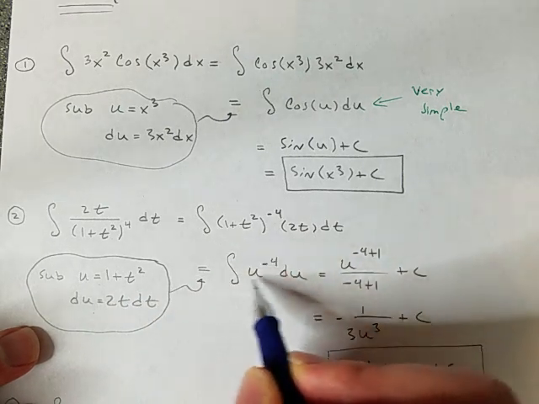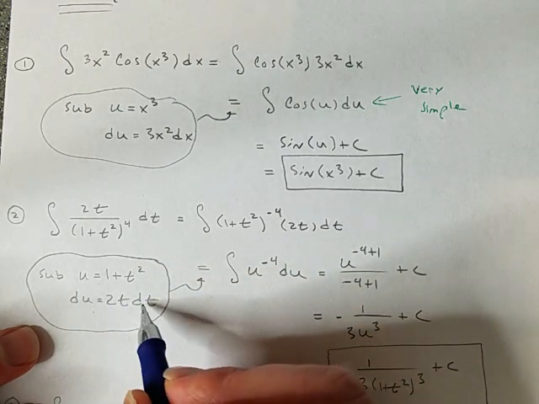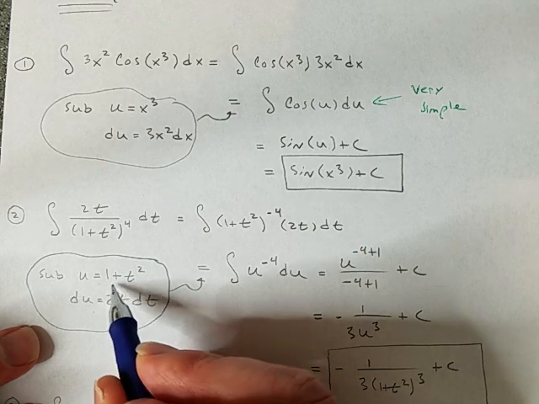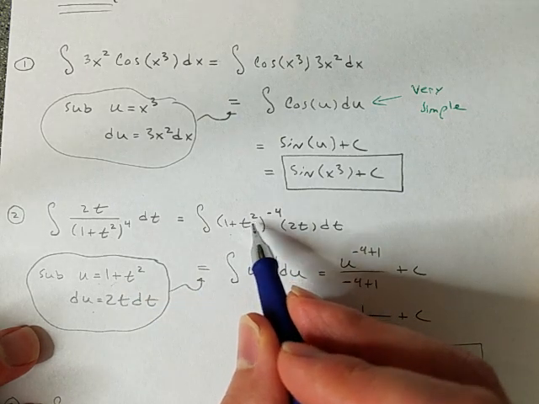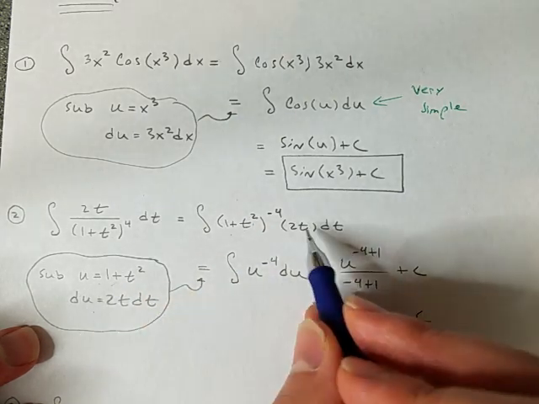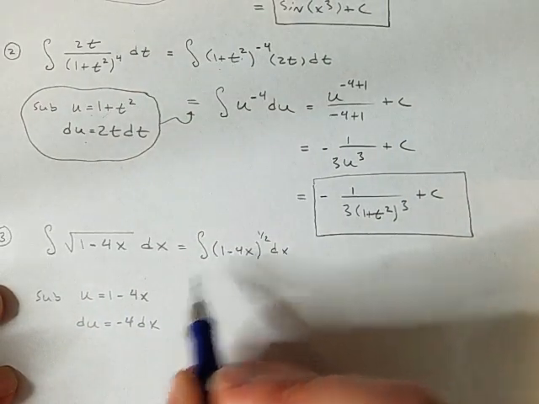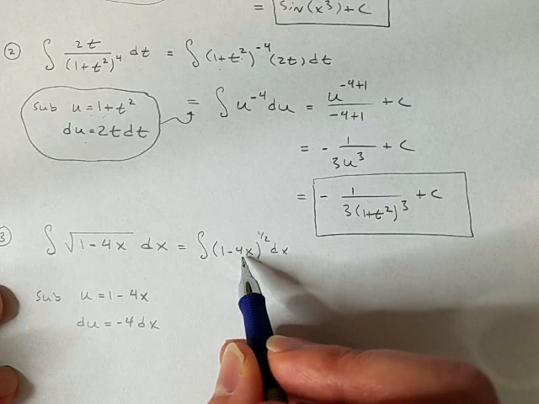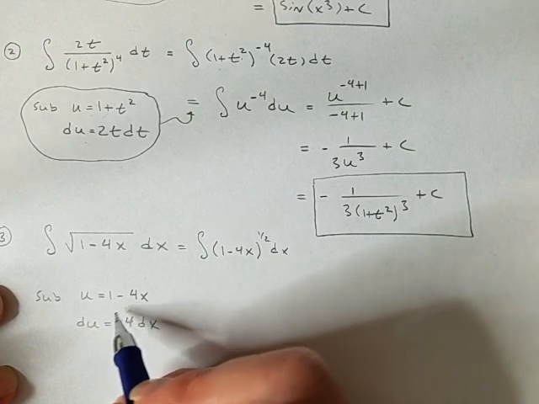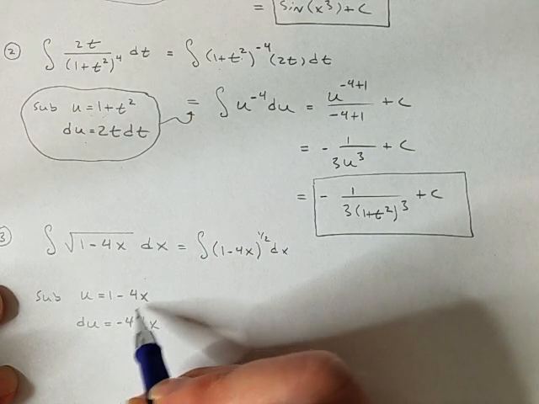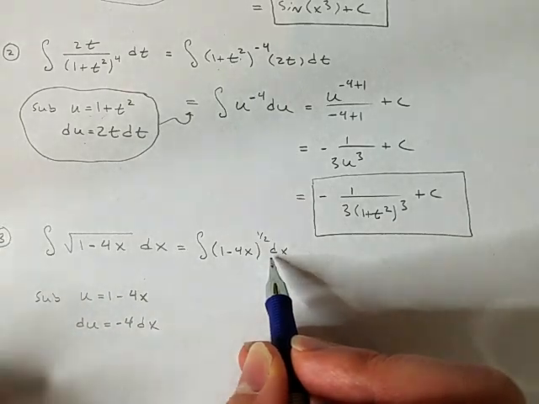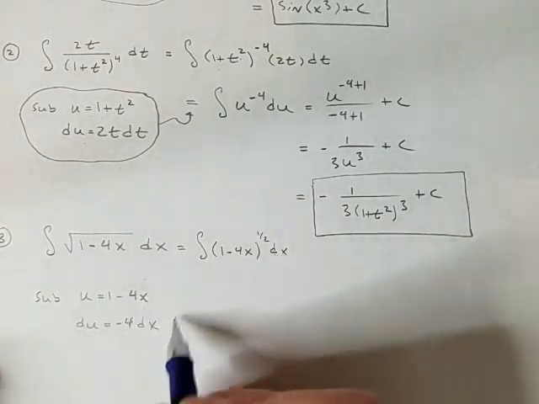They both have to go in there. They both have to be substituted. I see u, 1 plus t squared. I see du, 2t dt. Here, though, I don't see that. There's u, 1 minus 4x. I don't see negative 4 dx, though. It's just not there. So, like, what do we do? Like, this doesn't go up there.